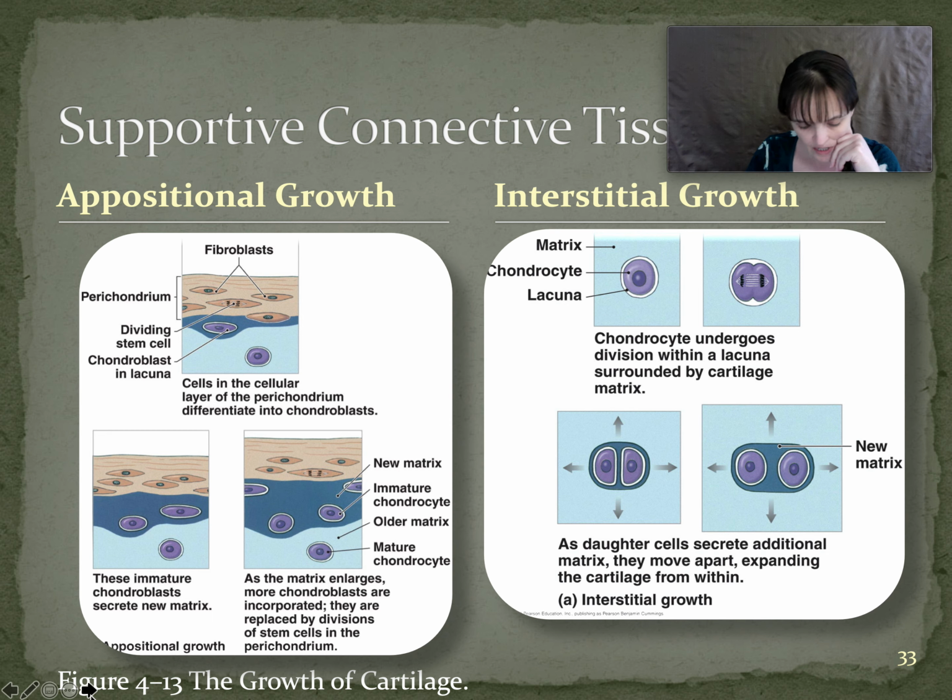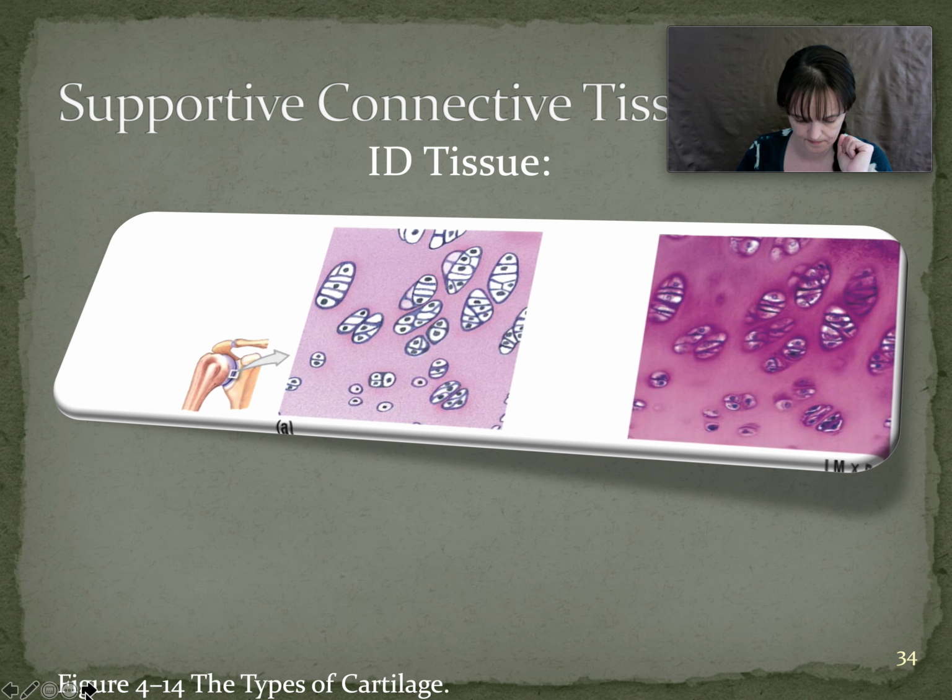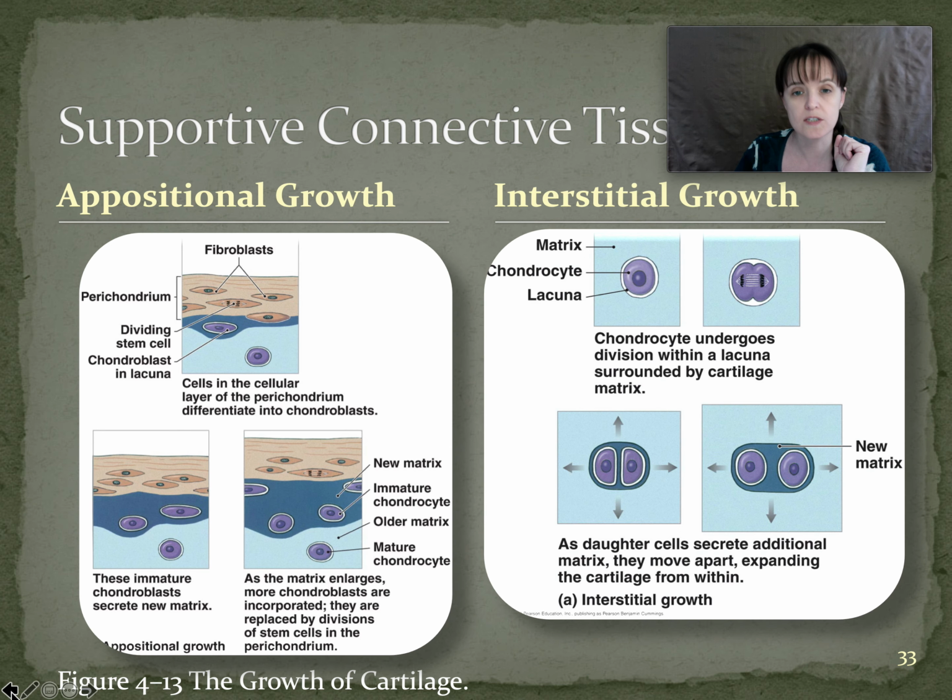Okay. Matrix of cartilage is a firm gel. So unlike the connective tissues proper, where it was syrupy, this is more like jigglers, maybe harder than jigglers. Mature cartilage cells are called chondrocytes, in spaces called lacunae, and I'm sure we've had this conversation in lab.